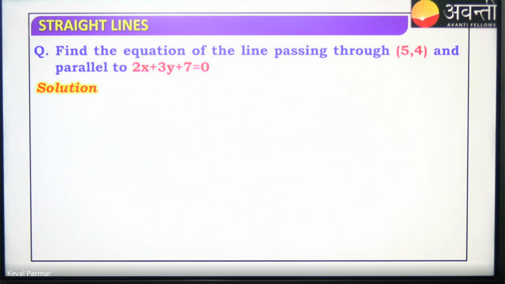No one? Acha, I'll give you a hint. What can we assume as the equation of a line parallel to a given line? Only the constant term will be different.